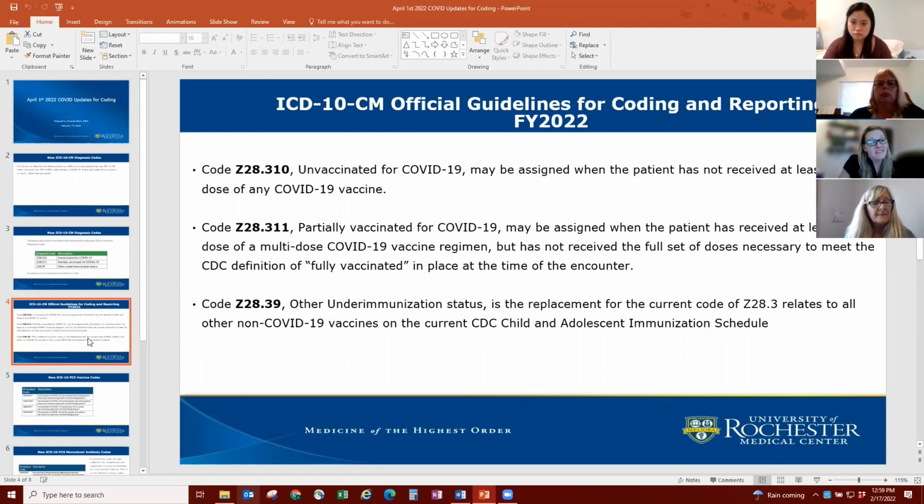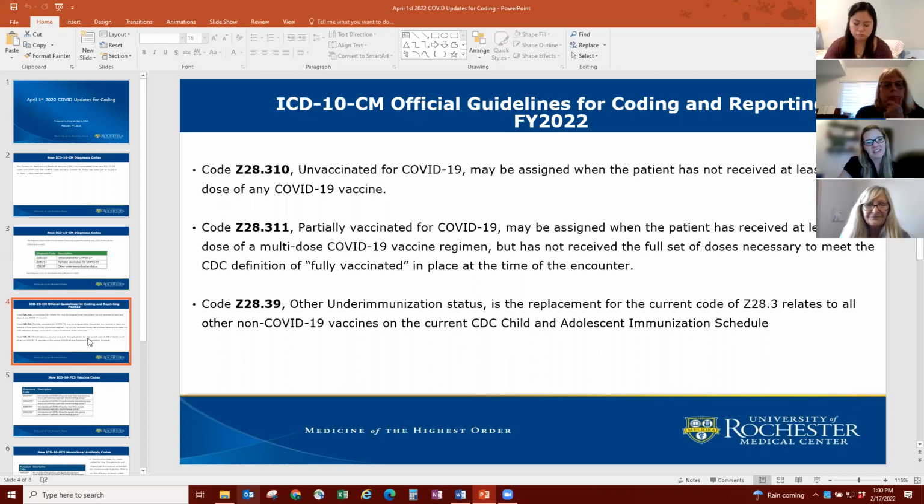Well, these codes aren't effective yet. I guess it would depend on your facility how you would be capturing this information. There's going to be training and education with the providers to make sure that they are documenting this information if they have it. And then that way we can obviously code it if it's documented.